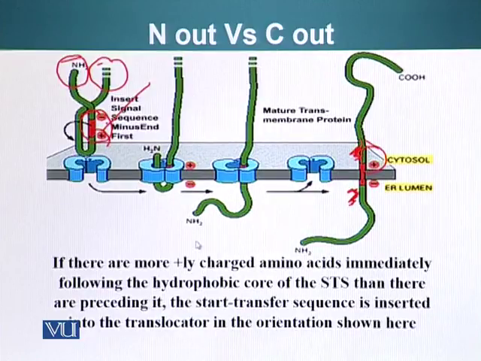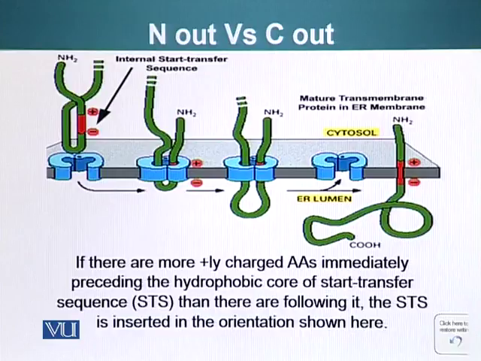Now let's look at the other scenario. If there are more positively charged amino acids immediately preceding the hydrophobic core of the start transfer sequence, then they are following it, the start transfer sequence is inserted in the orientation that you can see on the slide. Basically, again, we have the same principle. The positively charged amino acids are closer to the amino terminus, and the negatively charged amino acids are towards the carboxy terminus, which is present somewhere right here.